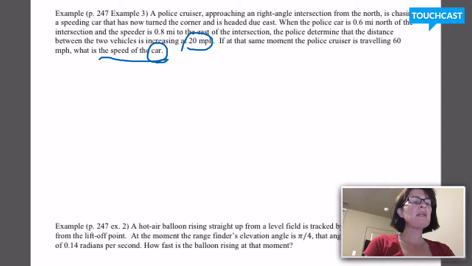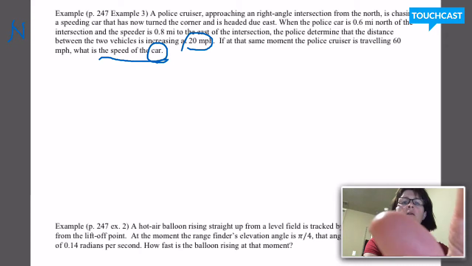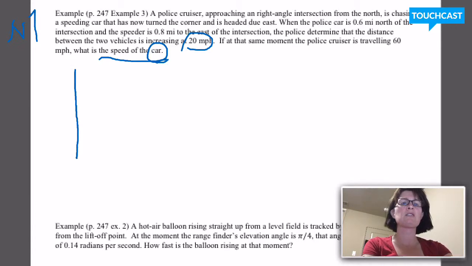Here it might be a little bit easier to write down our rates using our derivative notation after we understand the scenario. So we might draw the picture, but you could also write the things you know first. If this is north, then I have a police car that's coming toward the intersection from the north, and the bad guy has already turned the corner here and is headed toward the east.